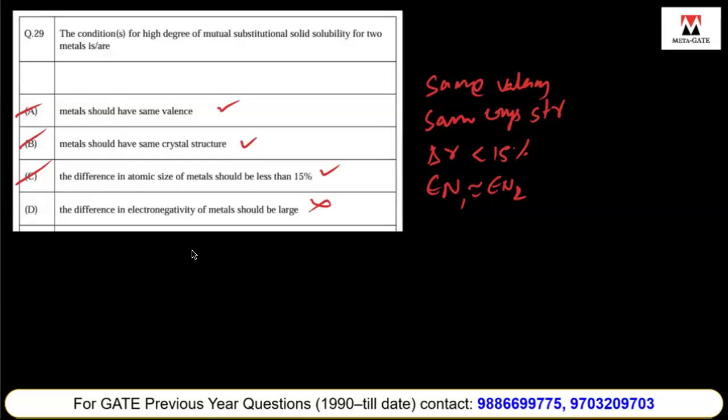So when the metals have the same crystal structure, their atomic arrangements align more closely and allow easier incorporation of atoms without any significant disruptions. If the metals have different crystal structures, it becomes more challenging for the atoms to jump from one position to another, and the solubility will not be good.